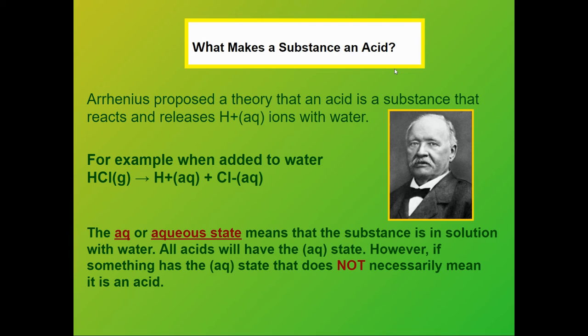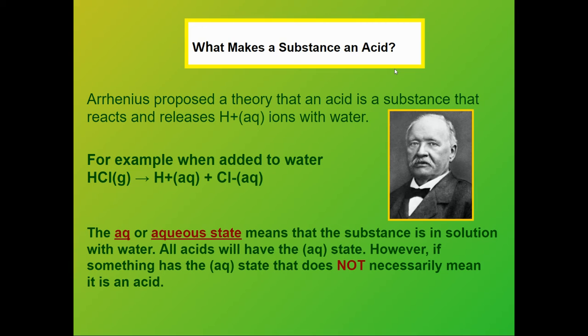Arrhenius, who is that lovely guy you see there, proposed a theory that an acid is a substance that reacts and releases hydrogen ions in water. So for example, when we take hydrogen chloride gas and we put it in water, our hydrogen ion dissociates, and so does our chloride ion.